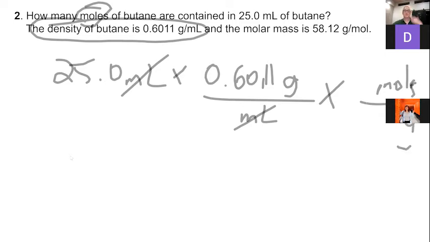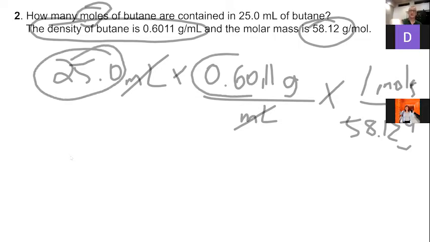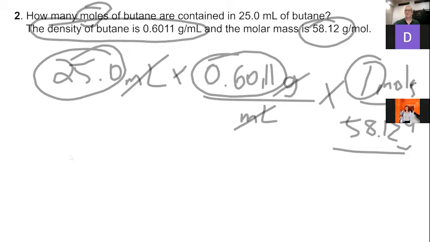I want to convert mass of a substance, in this instance butane, to moles. I have mass and I want moles. So I'll put moles on the top and my molar mass is 58.12. So now I just multiply 25 by 0.6011 times 1 and then divide by 58.12. And you'll notice grams cancel out and the only unit I have left is moles. And then my answer should have how many significant digits?